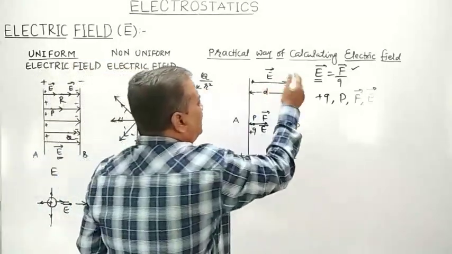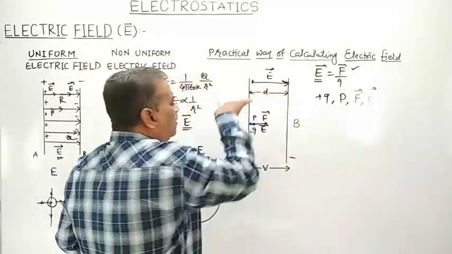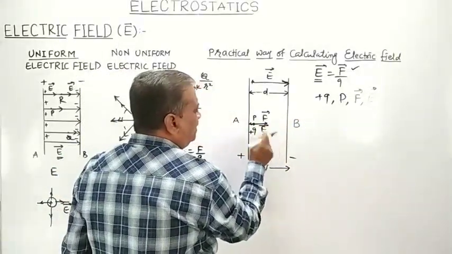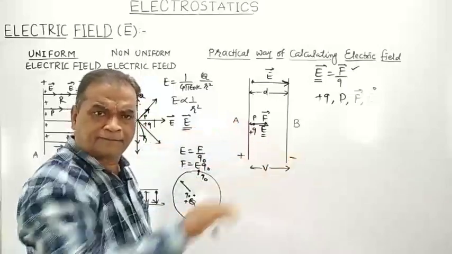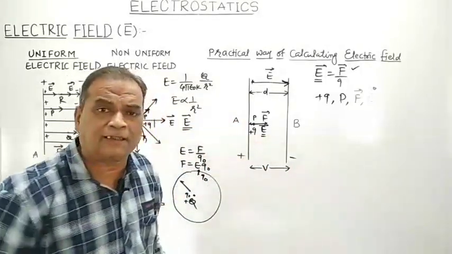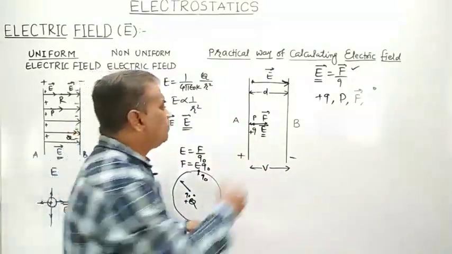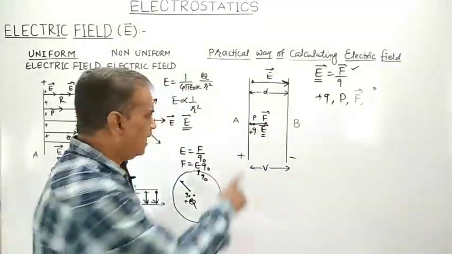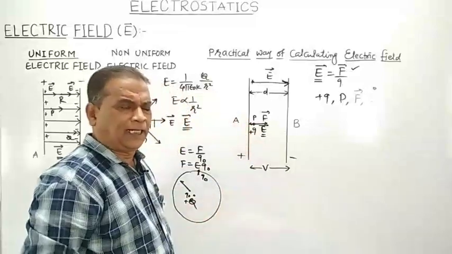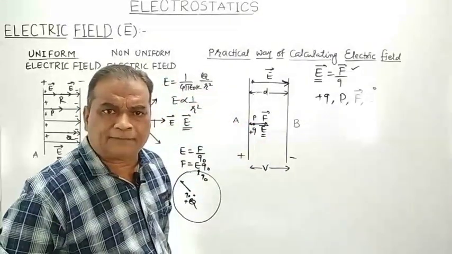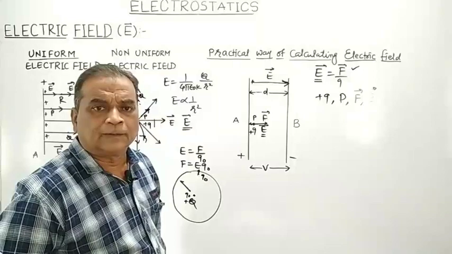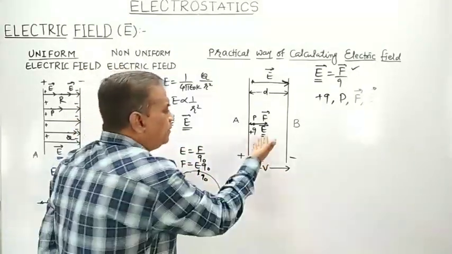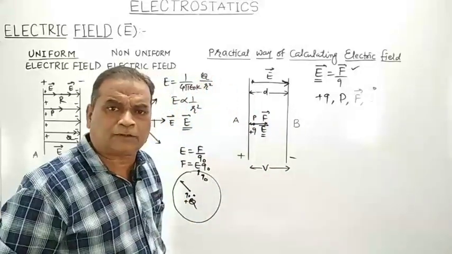That electric field intensity is acting from plate A towards plate B, means that charge is acted upon by electric field intensity, and I want to move the charge against the Coulomb force, against the direction of electric intensity. I want to move plus Q charge towards plate A, means I have to move the charge against the direction of electric field or against the direction of force.